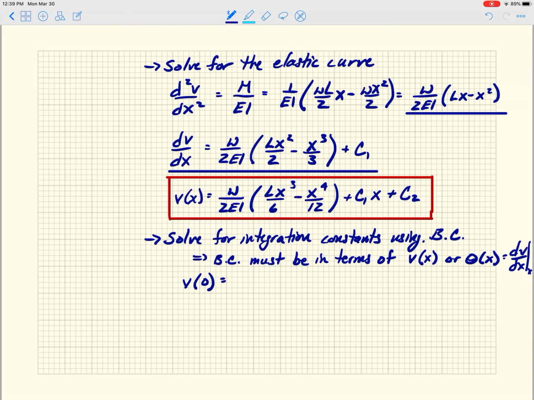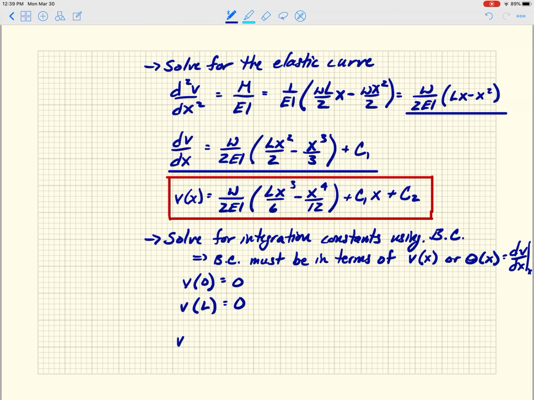So our boundary conditions, hopefully you can see these, are that V of 0 is 0, so at the left-hand side of the beam there's no deflection, and V of L is also 0. At the right-hand part of the beam, where there's a roller support, there's also no deflection.